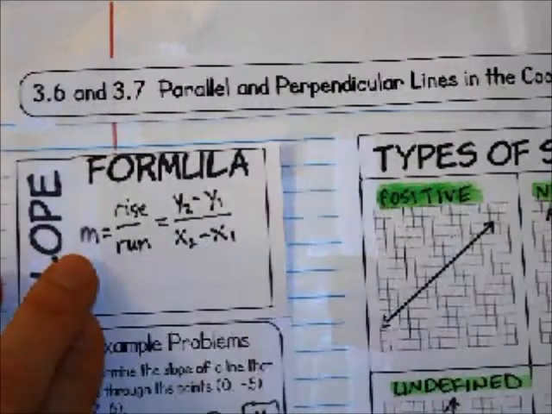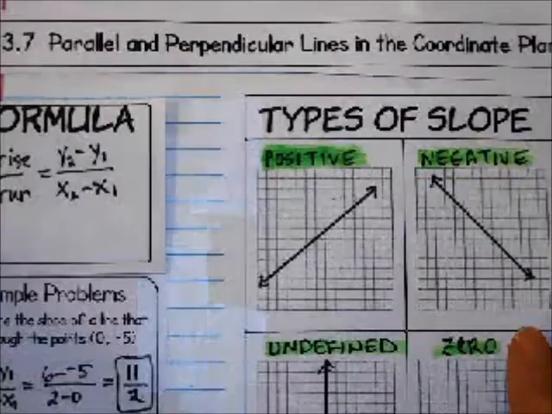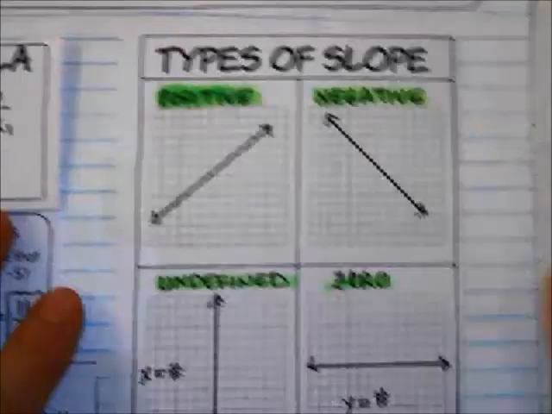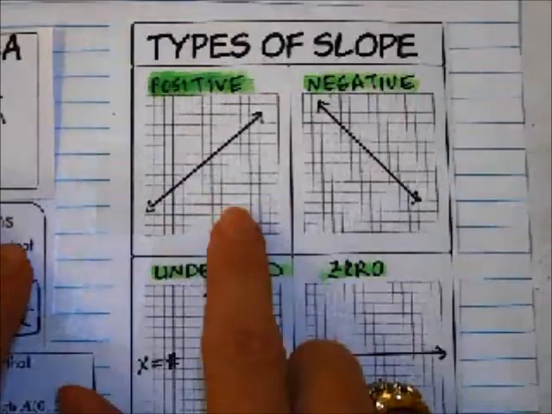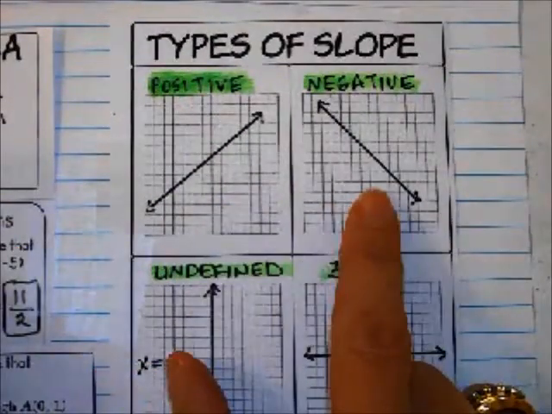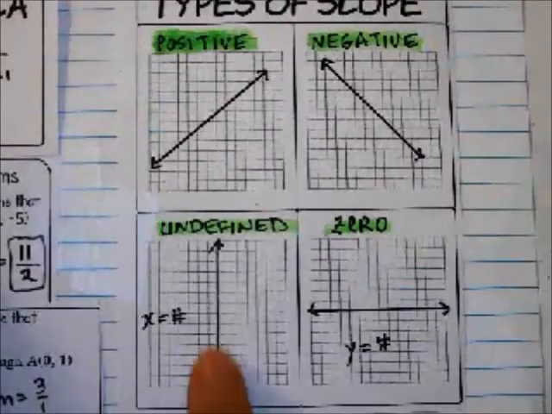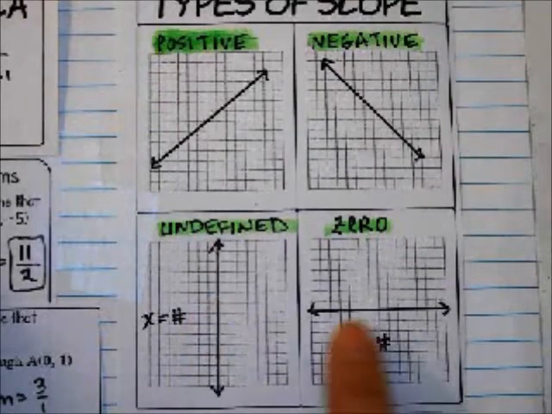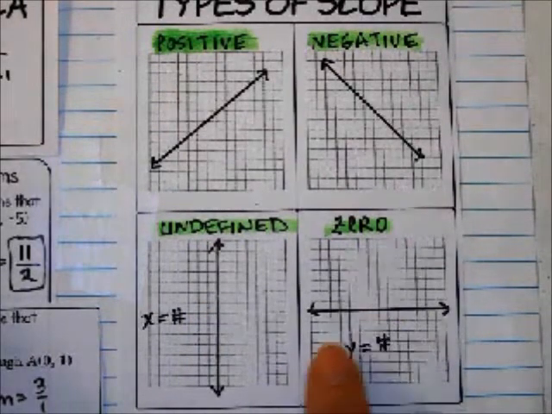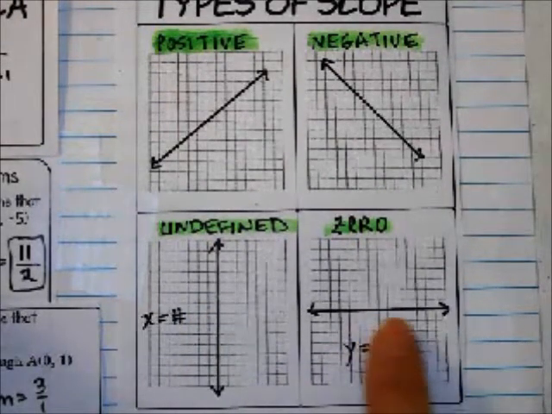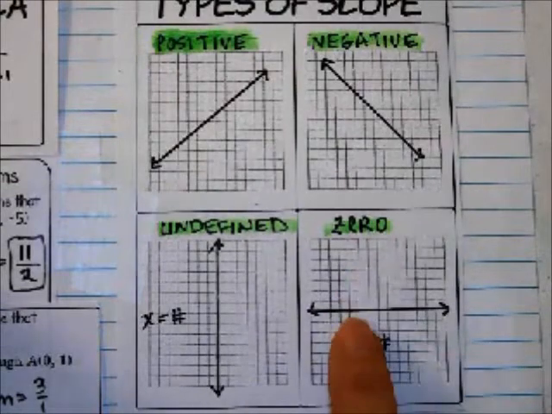Next, we're going to do the types of slope. The types of slope, of course, are positive slope, negative slope, undefined slope, which is a vertical line, and horizontal slope, which is a zero slope. Of course, that's a horizontal line.